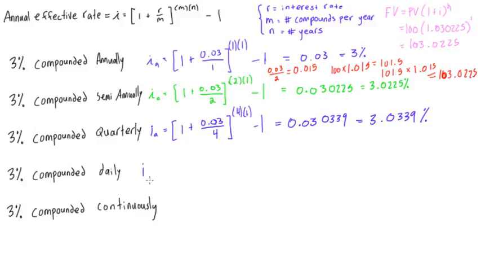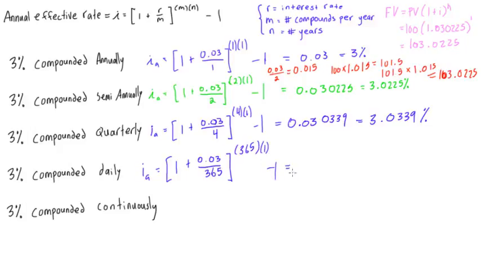We're going to do this 3% compounded daily. So we're going to compound this 365 times in a year. So we'll get 1 plus 0.03 over 365 to the power of 365 times 1 minus 1.